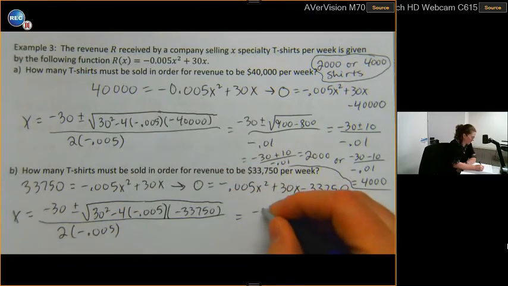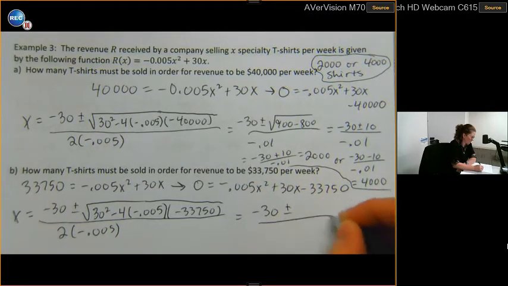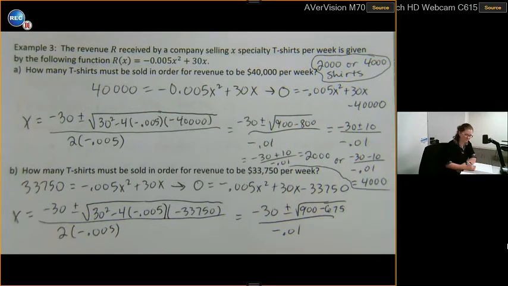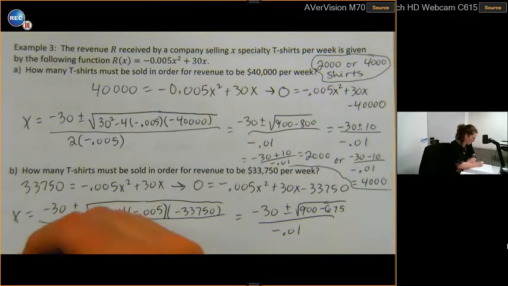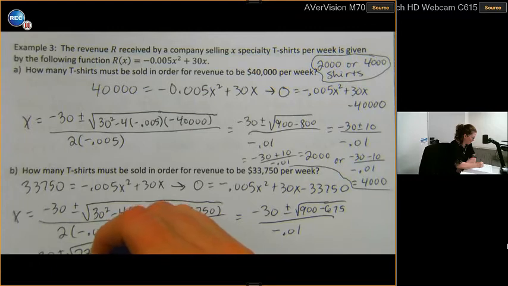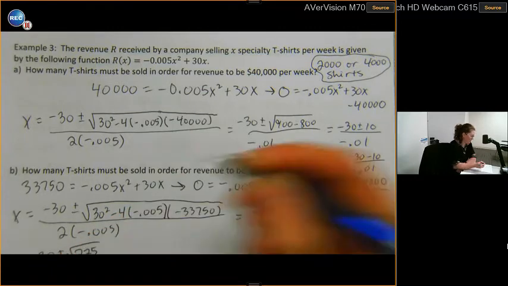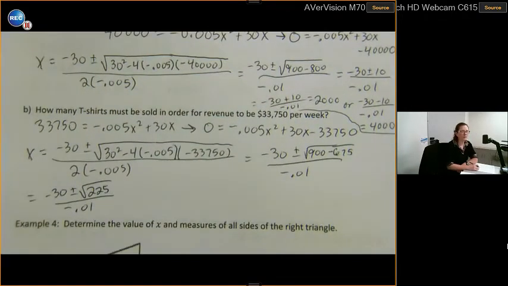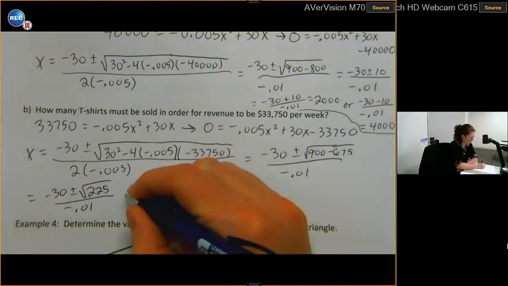Use a calculator, and we end up with 900 minus 675, which is 225. Square root of 225 is 15.